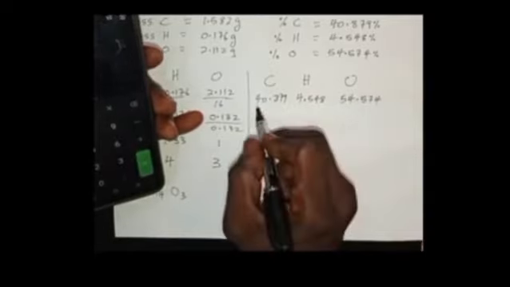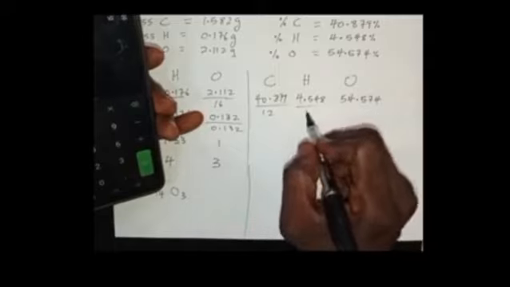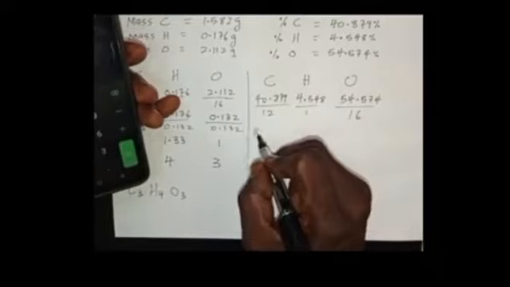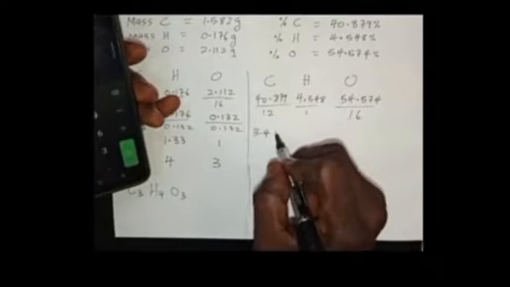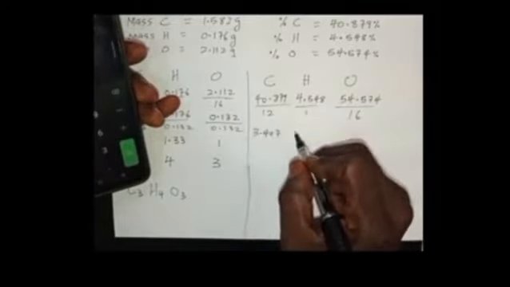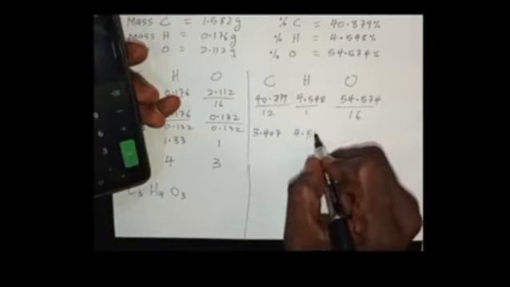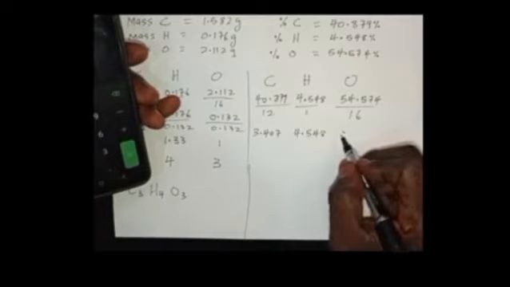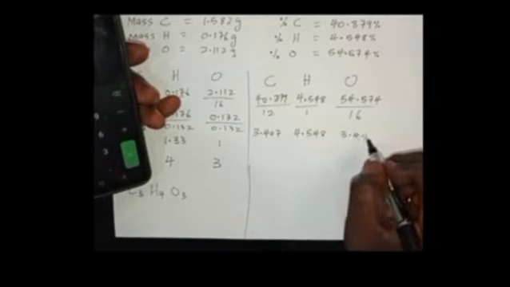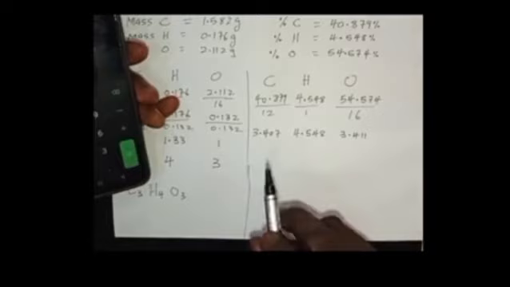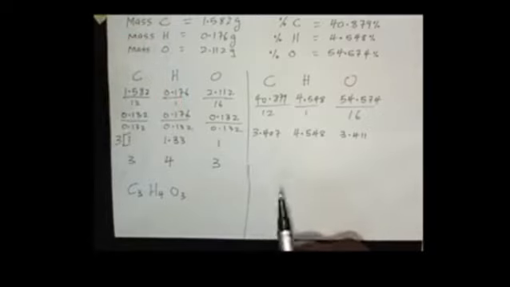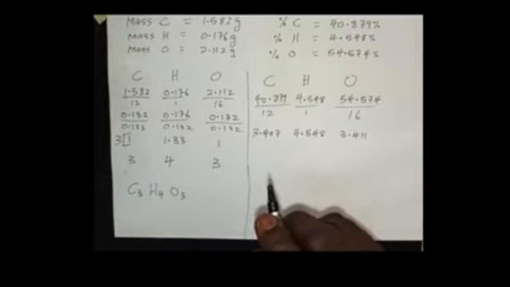So I'm going to divide through by their atomic masses, 12, 1, and 16. This one gives me 3.407. This one gives me 4.548, and this one gives me 3.411. If you notice, I'm leaving my answers to 3 decimal places because if your answers are over approximated, you might get the wrong result.